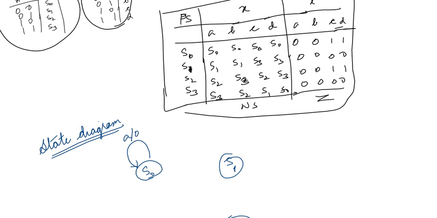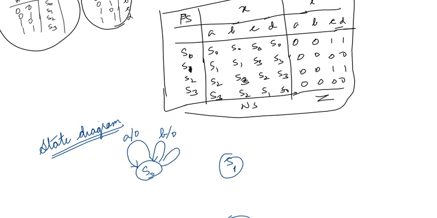Similarly, when the input is B, we are in the present state S0, we go to the same state S0. When the input is B, what is the output? That is 0. Similarly, when the input is C, we go to the same state S0, but the output is 1.